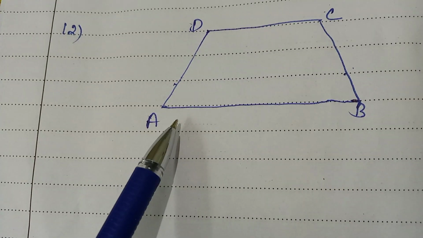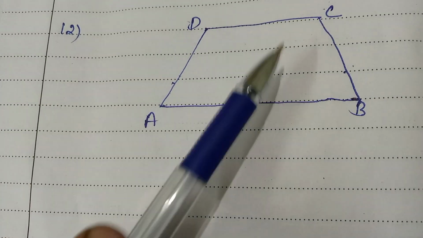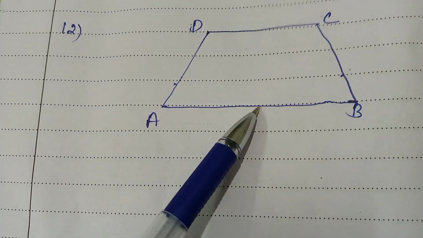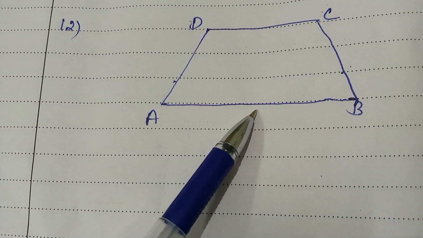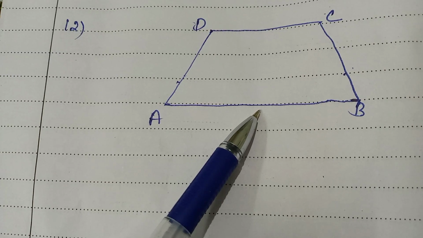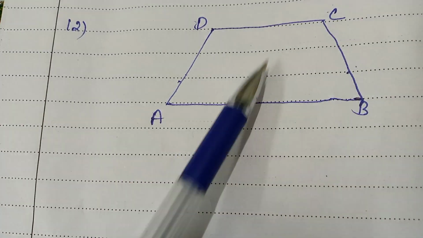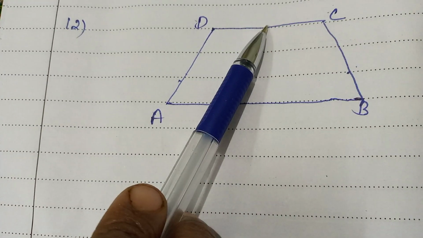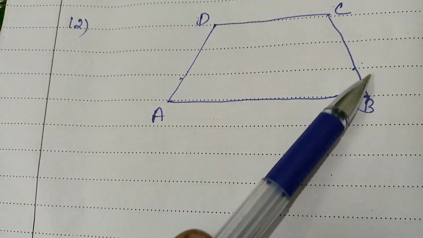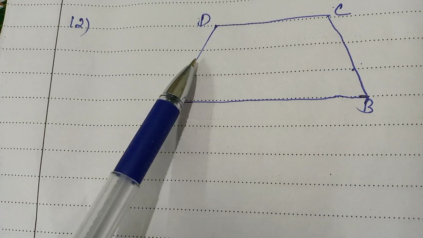First of all, find the slope of AB, then the slope of CD. Both you will get equal value. Then you can say slope of AB equal to slope of CD, so AB parallel CD. Then find the slope of BC and the slope of AD.